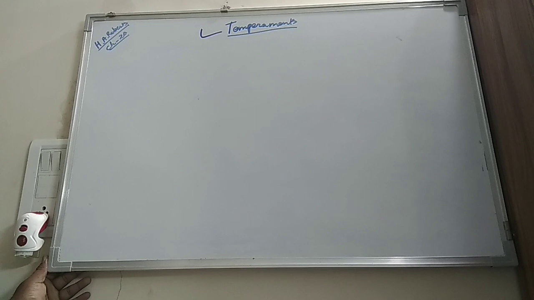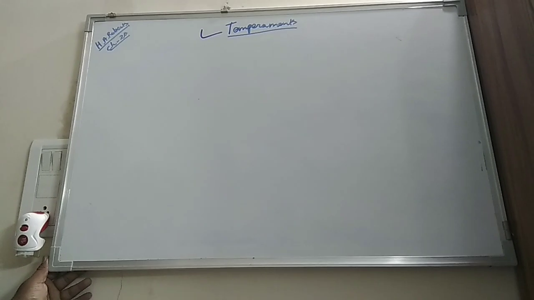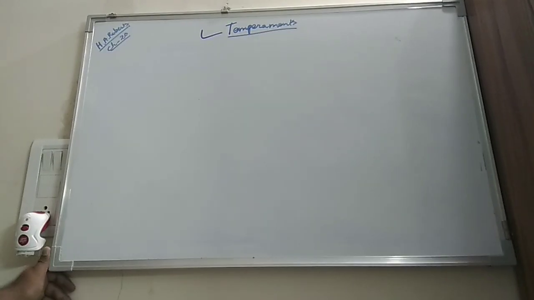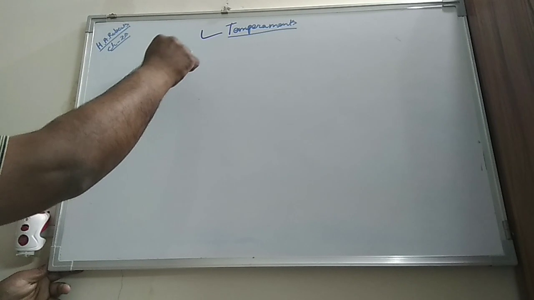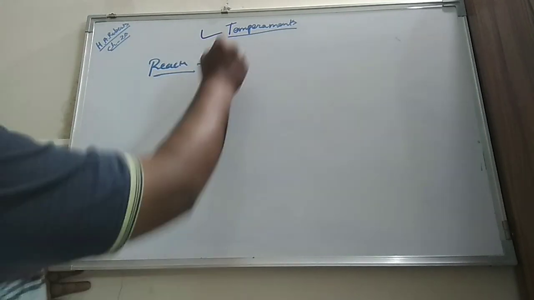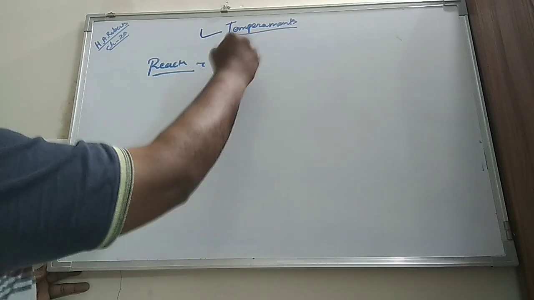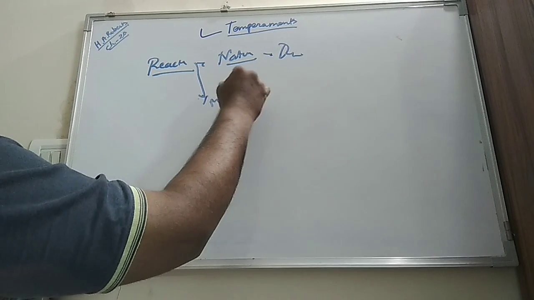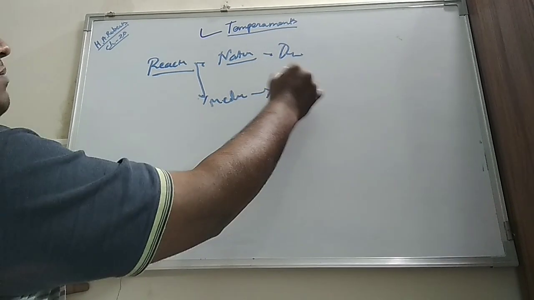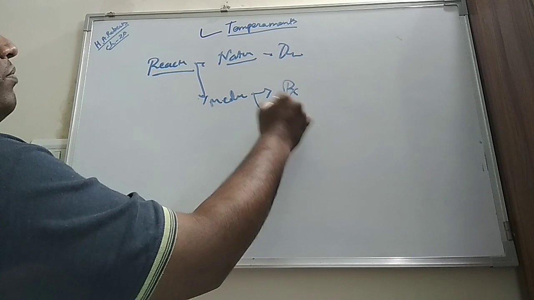In disturbed equilibrium, sickness may develop. Heightened susceptibility may be reacting to certain remedy to which he was not reacting before. Now, here, reaction is in two ways: nature, disease, medicine, treatment, or proving.